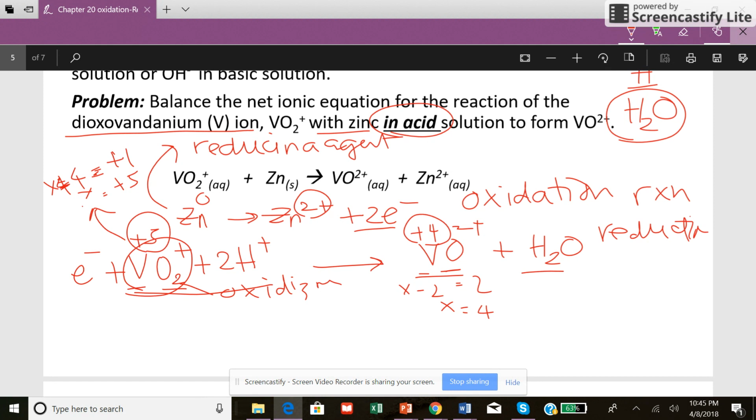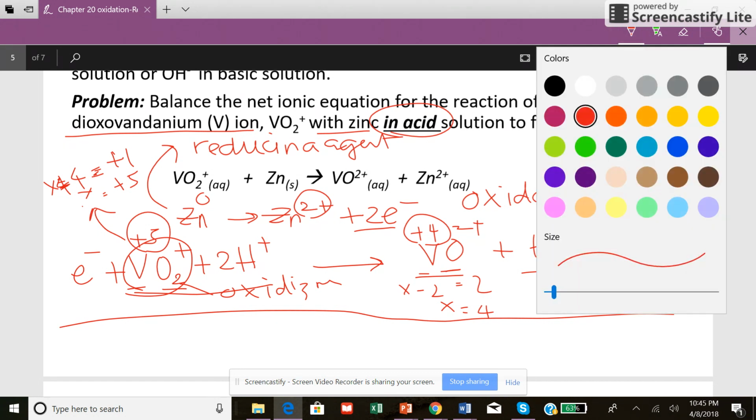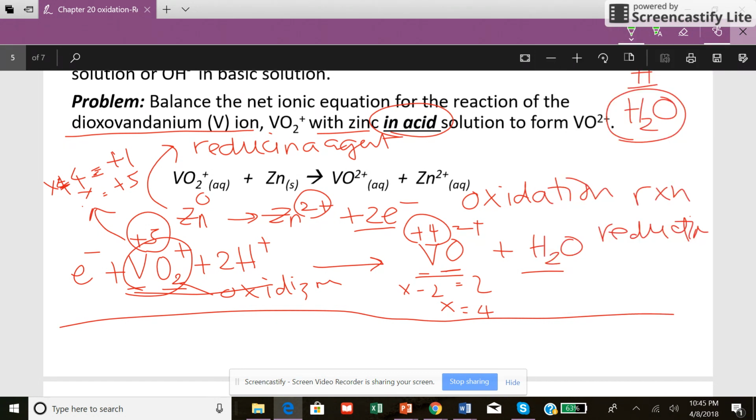Okay. Now, if you want to add the 2 equations together, there is a slight problem because the number of electrons doesn't balance out. There's 2 over here and there's 1 over here. So you have to multiply the second equation by 2. So now let's bring down the zinc. So we have zinc over here, and then bring this down.